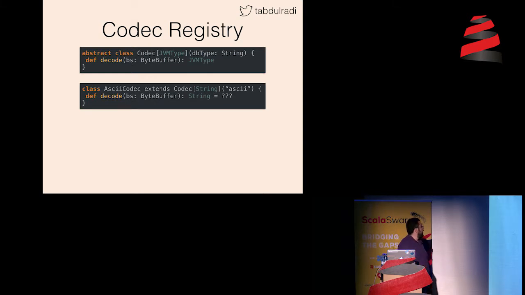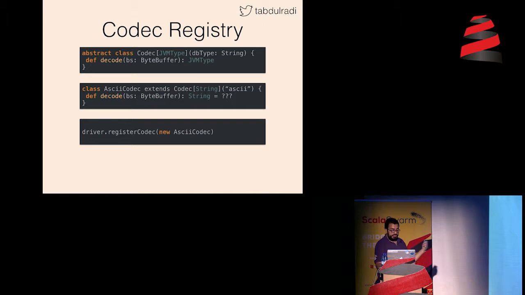We are supposed to create instances of this class for every combination. So for ASCII, the Scala type will be string, and the name of this type, as the database knows about it, is ASCII. I'm also supposed to register this codec somehow, so my driver is aware of it.